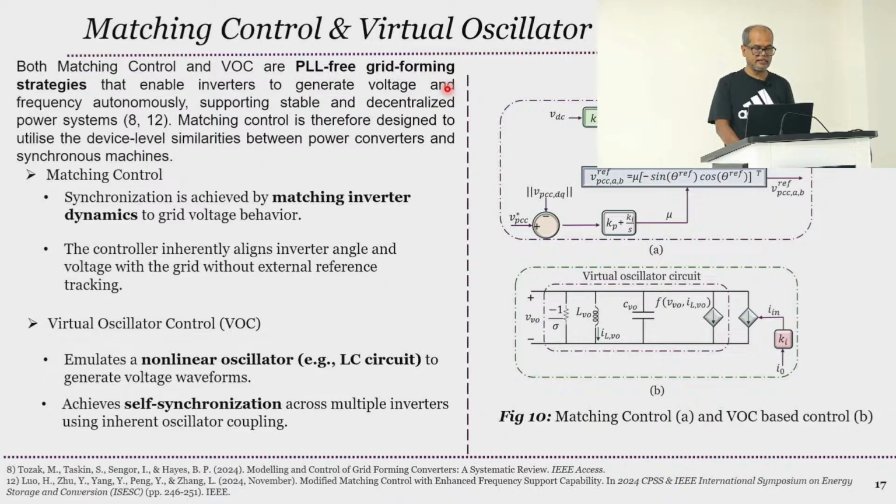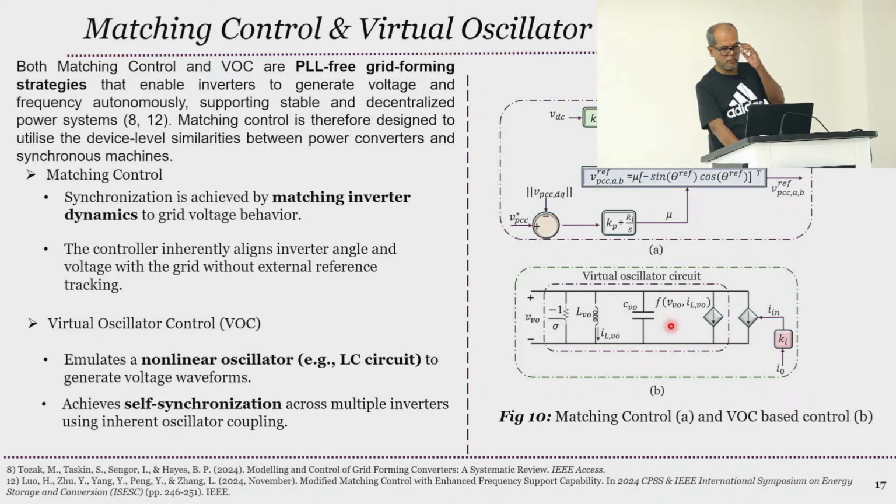This is also decentralized, so you don't need communication. Matching control is designed to utilize the device-level similarity between the power converter and the synchronous machine. Between these two, they try to mimic the behavior, and that's how they match, to provide the grid voltage behavior.